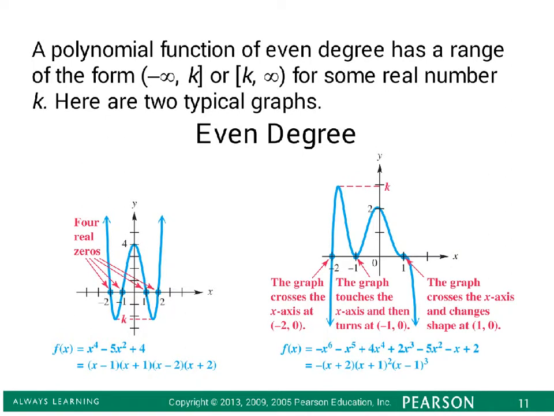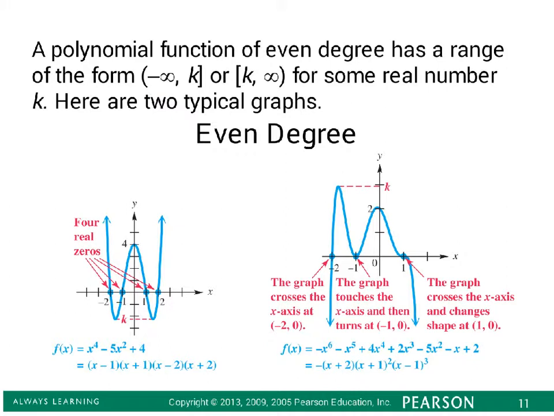Now, something about polynomial functions of even degree. It has a range of the form this right here or this. Never both of them, just one or the other. And if you look at both of these graphs that I have down here, you can see this is the value of k that these intervals are referring to up here.